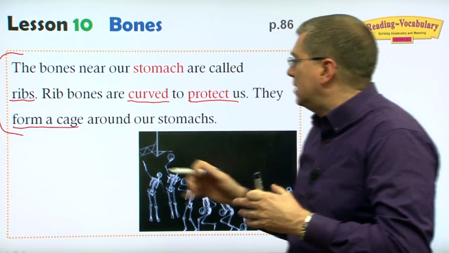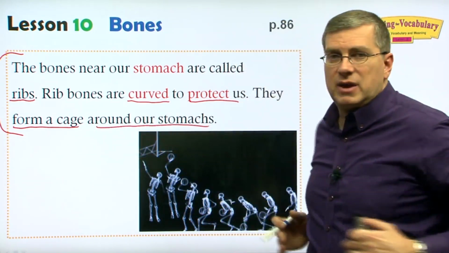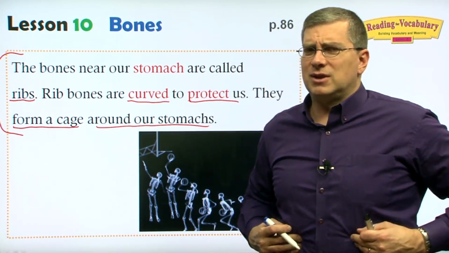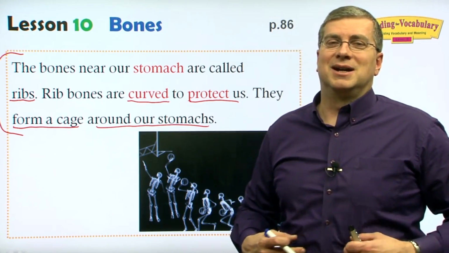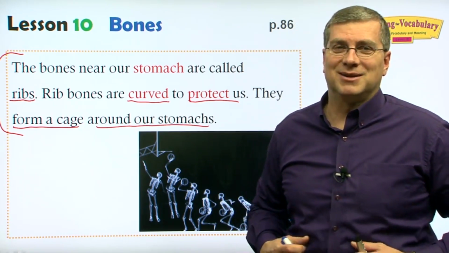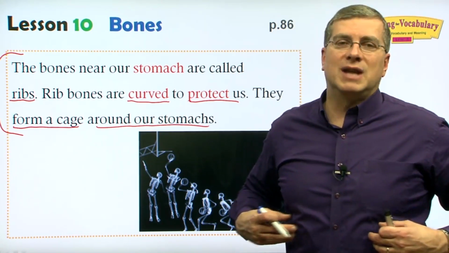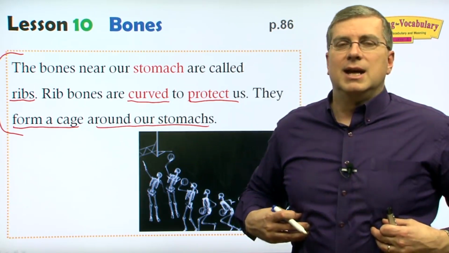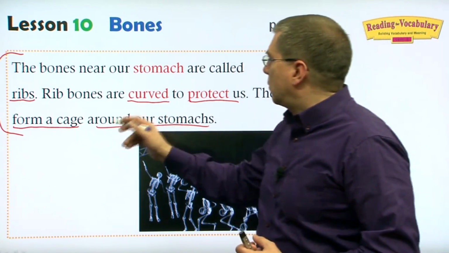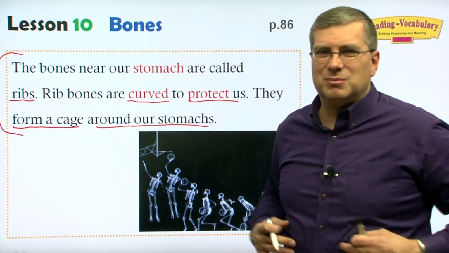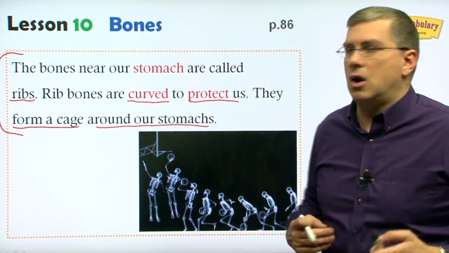They form a cage around our stomachs. Well, actually, if you think about that, there's no bones protecting my stomach, right? But the bones do protect your heart and your lungs. They protect the important organs in your body. So they form a cage around our stomachs, but really around our lungs and our heart.